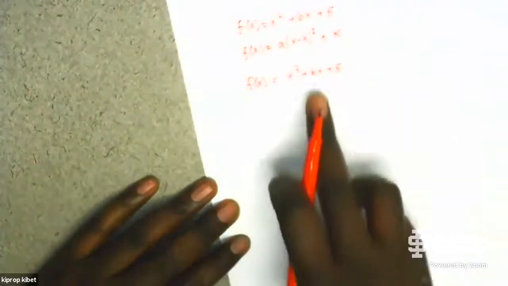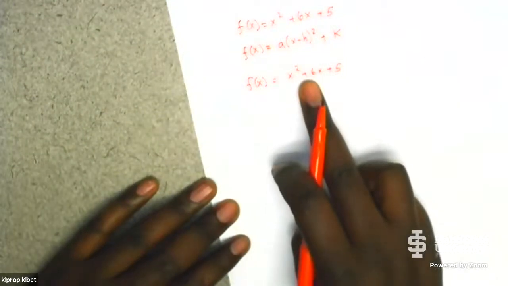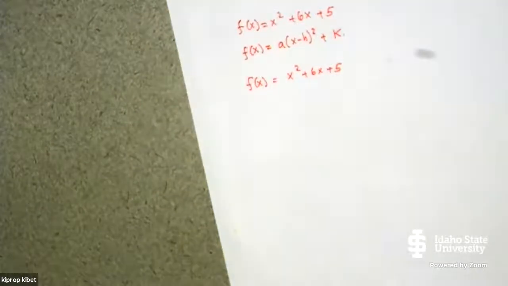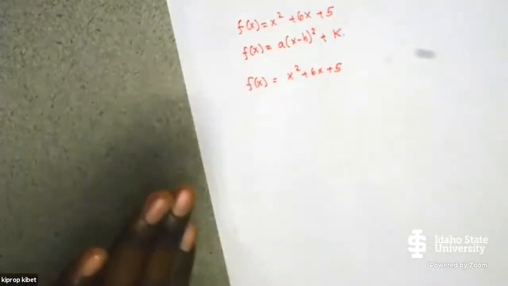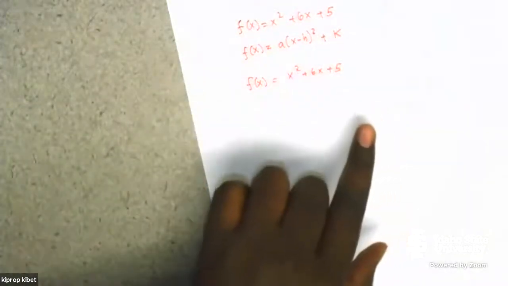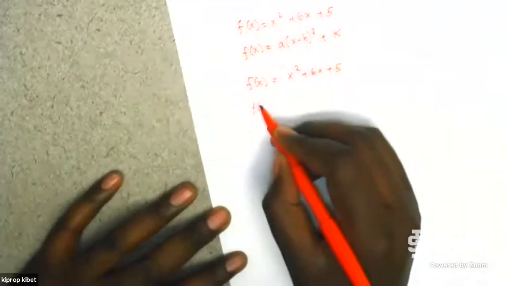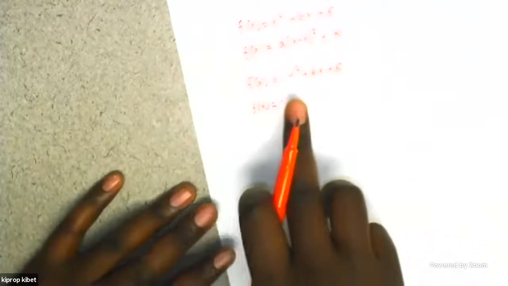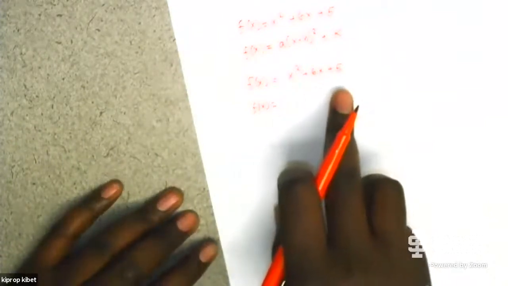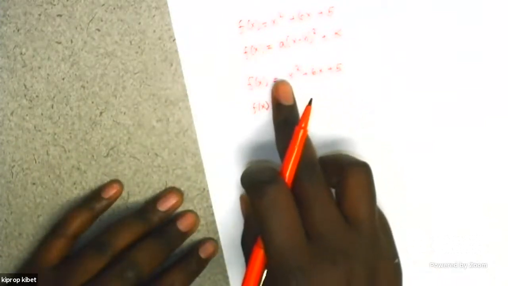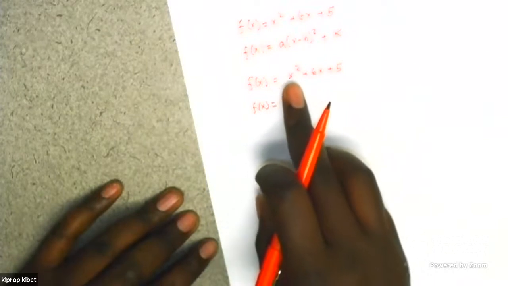In this case, we use the completing squares on one side, since we have the other function there. When we were doing the completing squares, what did we do to the coefficient of x squared?